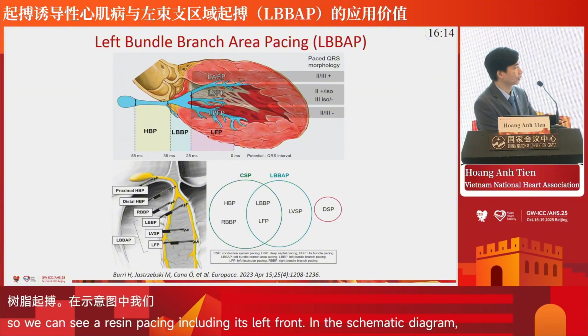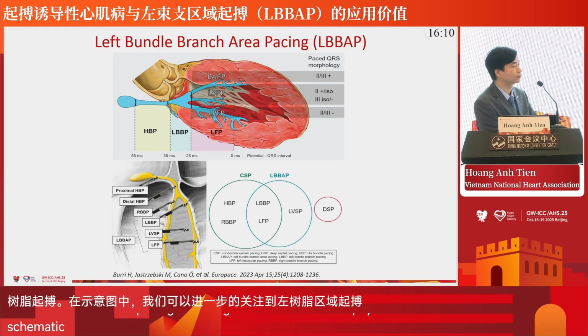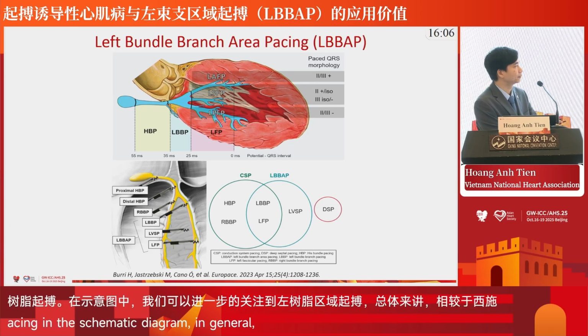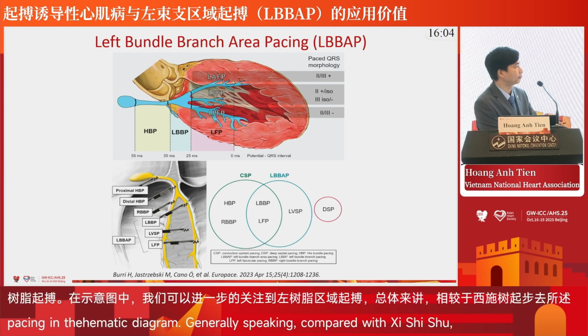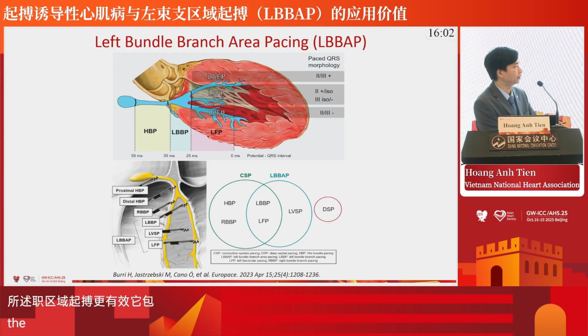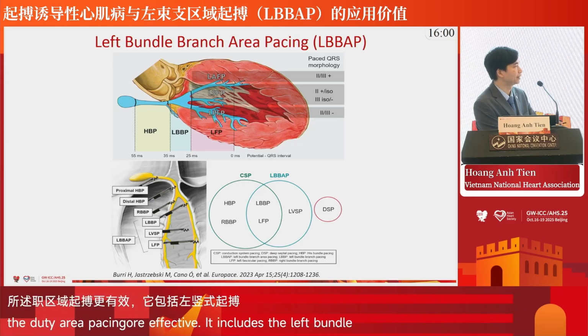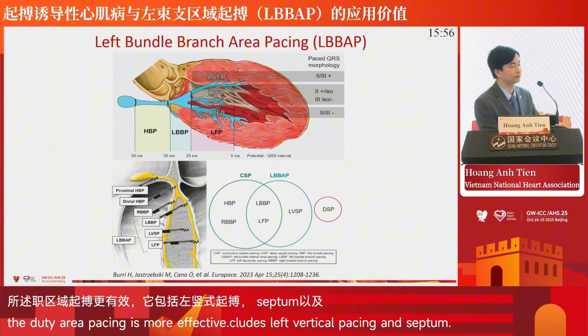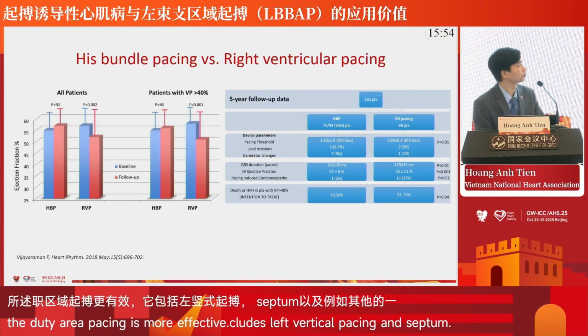It's modern and more effective compared to His bundle pacing. Left bundle branch area pacing consists of left bundle branch pacing, left fascicular pacing, and left ventricular septal pacing.